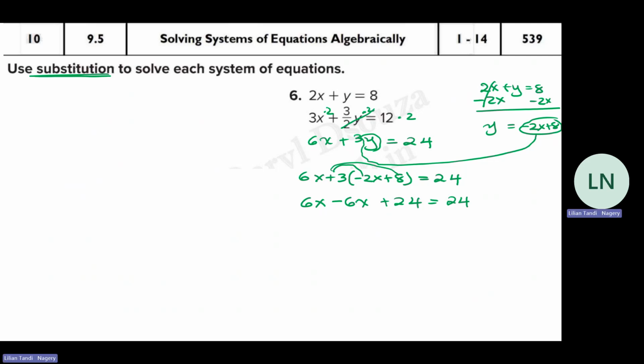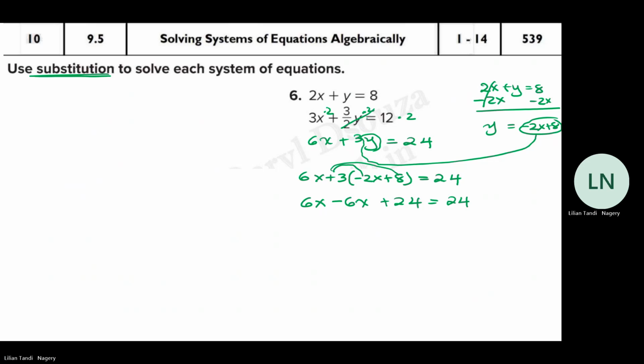Did I do this correctly? I removed this. I multiplied everybody by 2. Yes. Why am I doubting myself? I did this correctly.